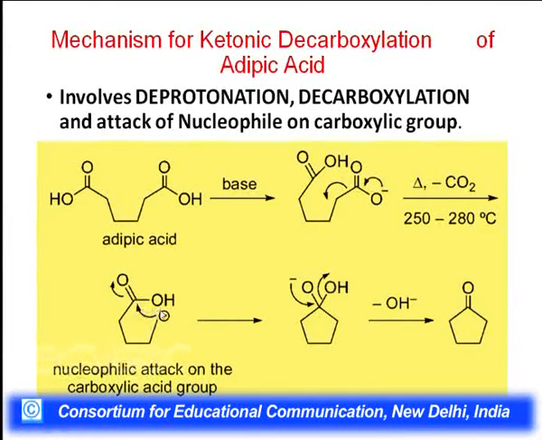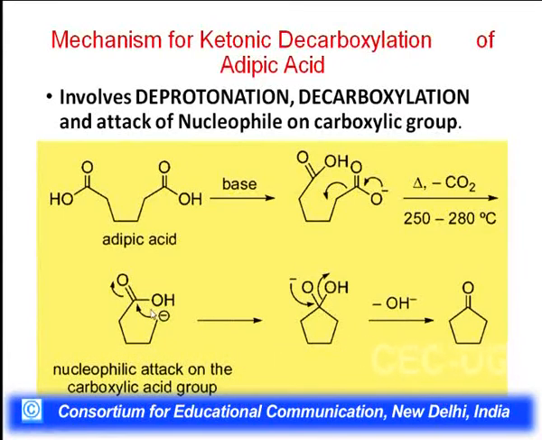Now this anion acts as a nucleophile, and it makes a bond with this carbon, which is electrophilic in nature, because this carbon is electron deficient, as it is attached to an oxygen by a double bond, as well as to an OH. So it is electron deficient.